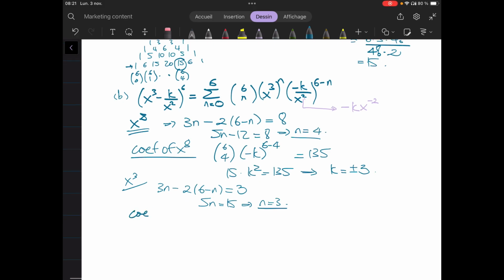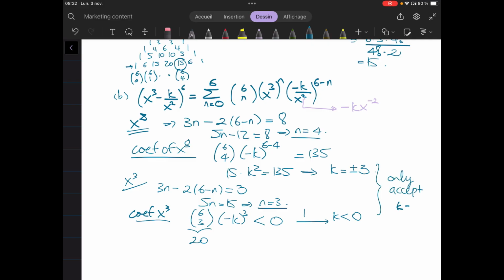The coefficient of x cubed is going to be 6 chooses 3, negative k to the power of 3. We know that this term has to be negative. 6 chooses 3 is 20. This is only negative if k is negative. Therefore, we can only accept k equals 3.